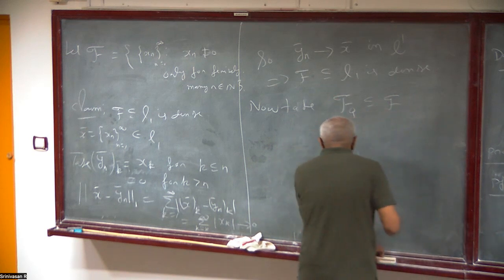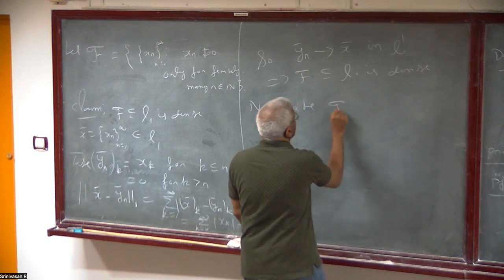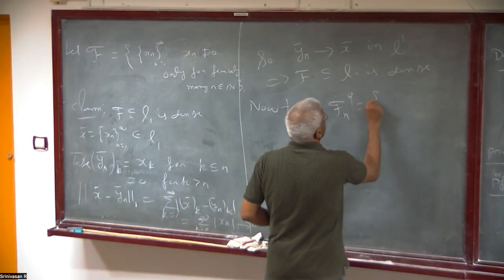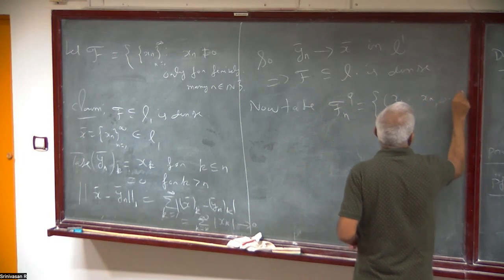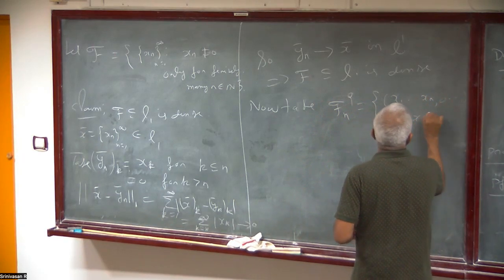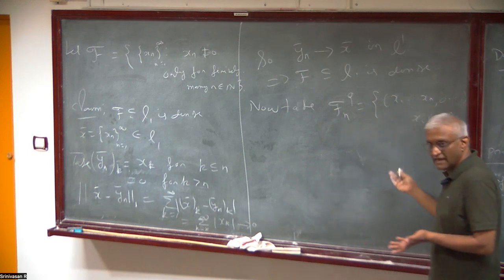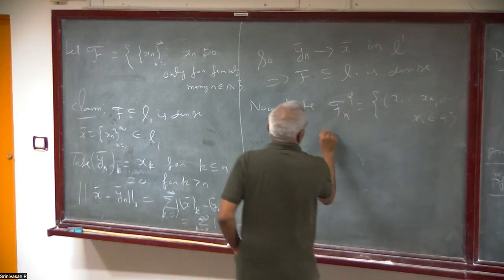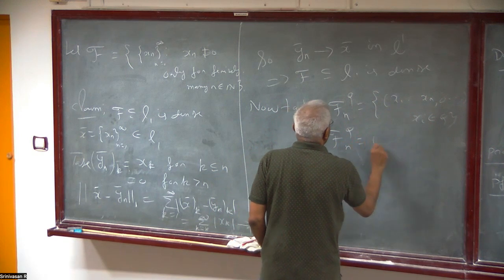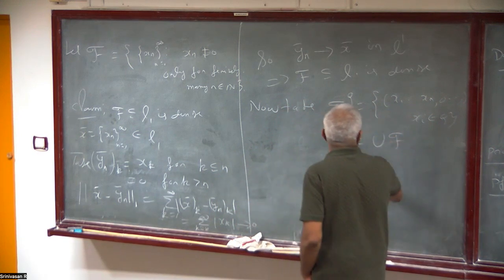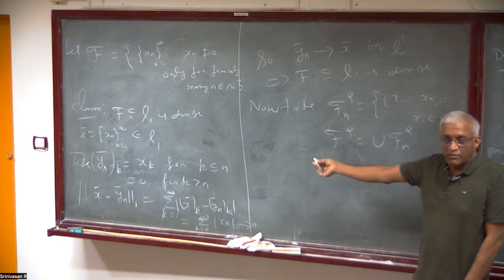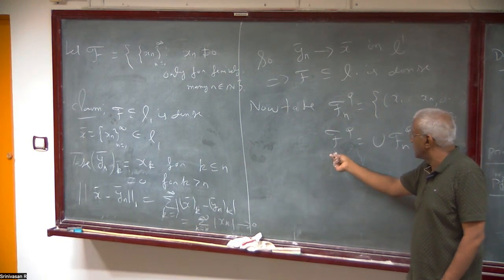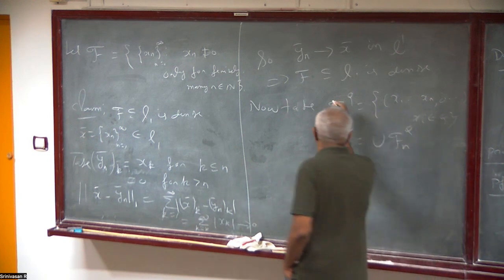Let me take F_Q^n, which is all those things: x_1 up to x_n and then 0, 0, 0, 0, 0, where each x_i is rational. This is clearly countable. And define F_Q as the union of the F_Q^n. The union of countable sets is countable, so this is countable, and it is dense there.